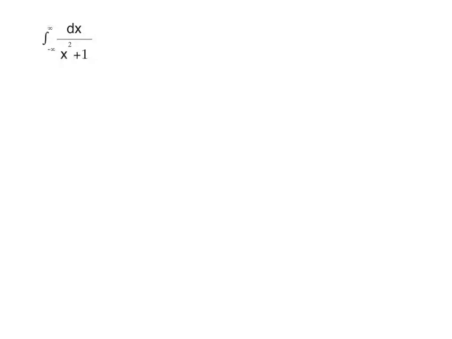Now for our second example, we observe that both limits are infinite. So, the integral from negative infinity to infinity of dx over x squared plus 1. Since 1 over x squared plus 1 is continuous everywhere in the open interval negative infinity to infinity, we can select any point to split this integral. So why not choose x equal to 0?